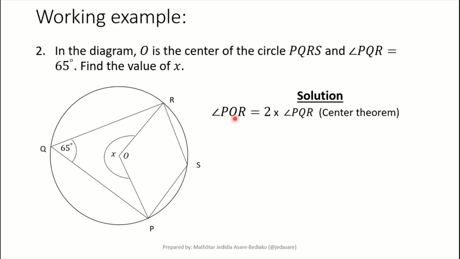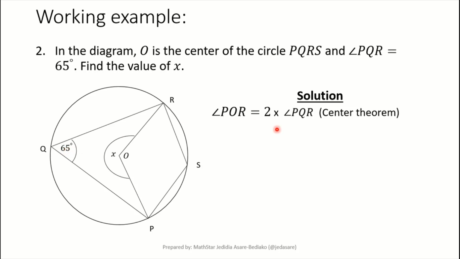So we have the center theorem, angle POR, that is the angle at O here. The angle at O here is 2 times angle PQR, the angle at the circumference.